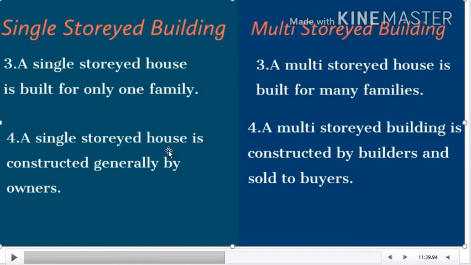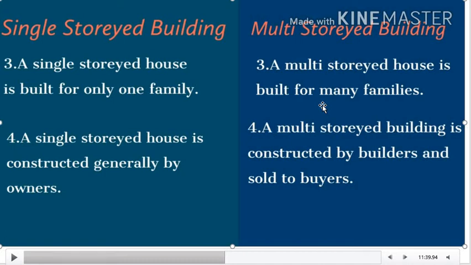A single storied house is constructed generally by owners, whereas a multi-storied building is constructed by builders and sold to the buyers. So now you all know the buildings around you, which you call flats in your language. They are multi-storied, whereas for the tenement, or a single storied house, sometimes you just buy that piece of land and ask the constructors to construct it in your own way.